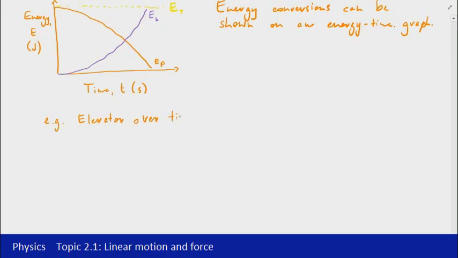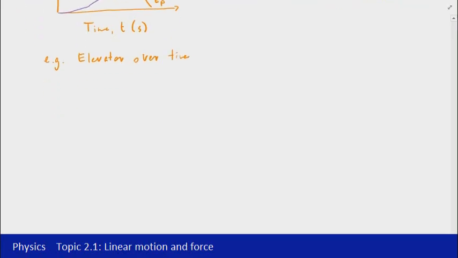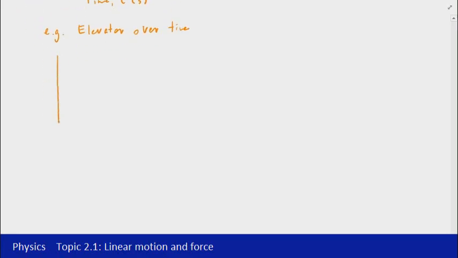So this elevator is going to be moving up and down and changing its height as people are getting into and out of it. And so again, we'll look at the energy on the vertical axis. In this case, we're going to look specifically at the potential energy. So we're not looking so much at the energy conversions, we're just looking at the potential energy and the time over which that's occurring. So you might see a graph that looks something like this.